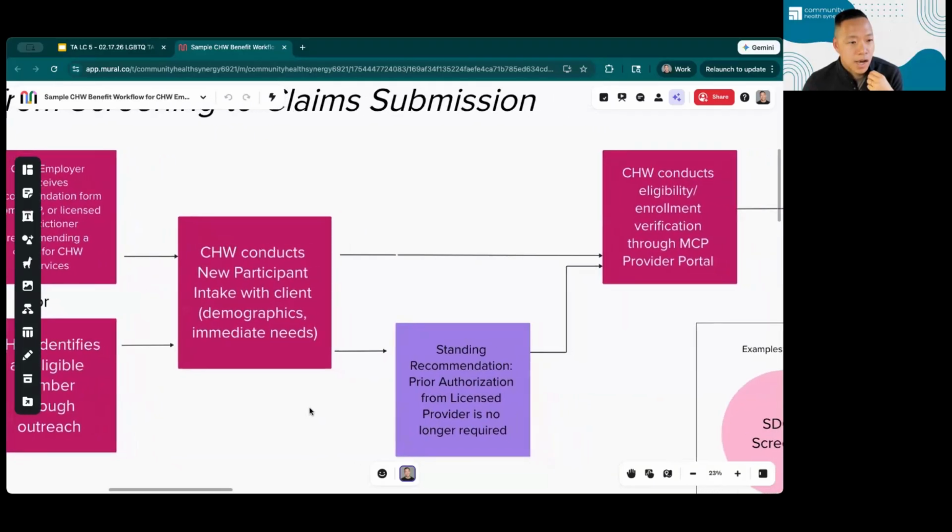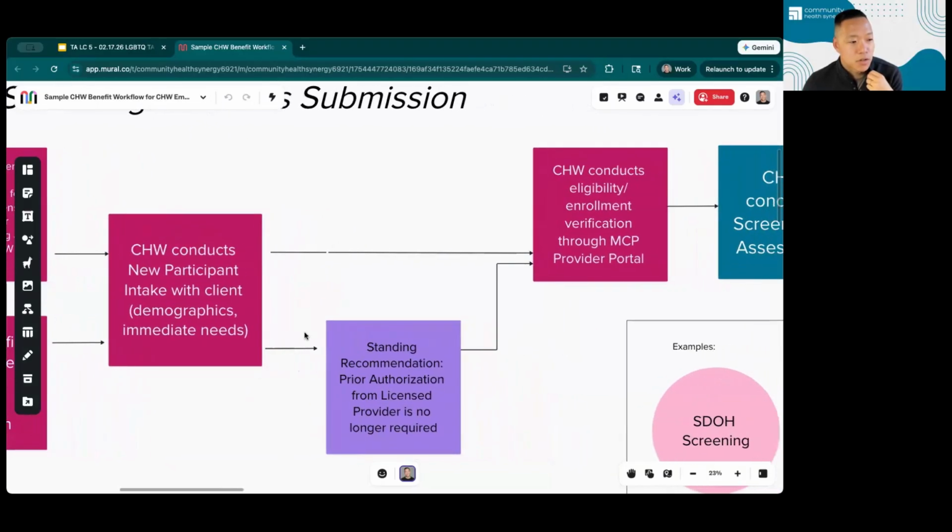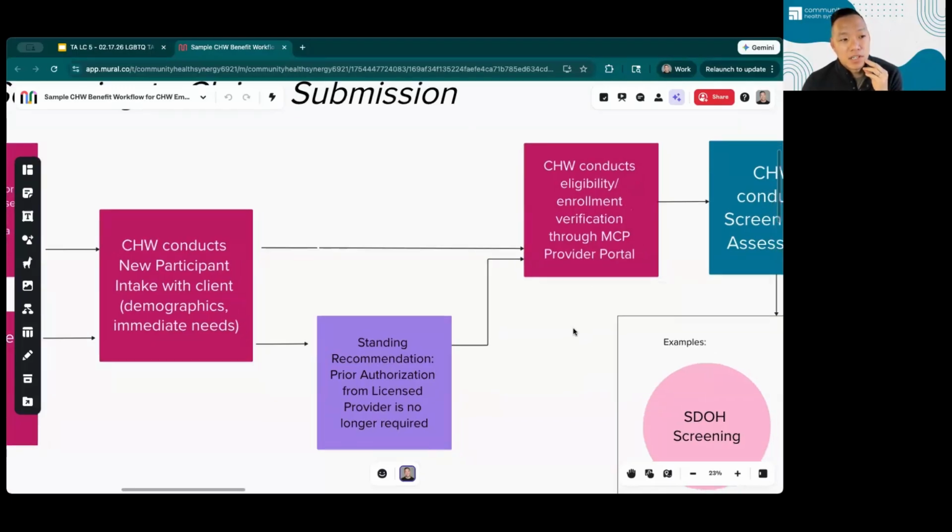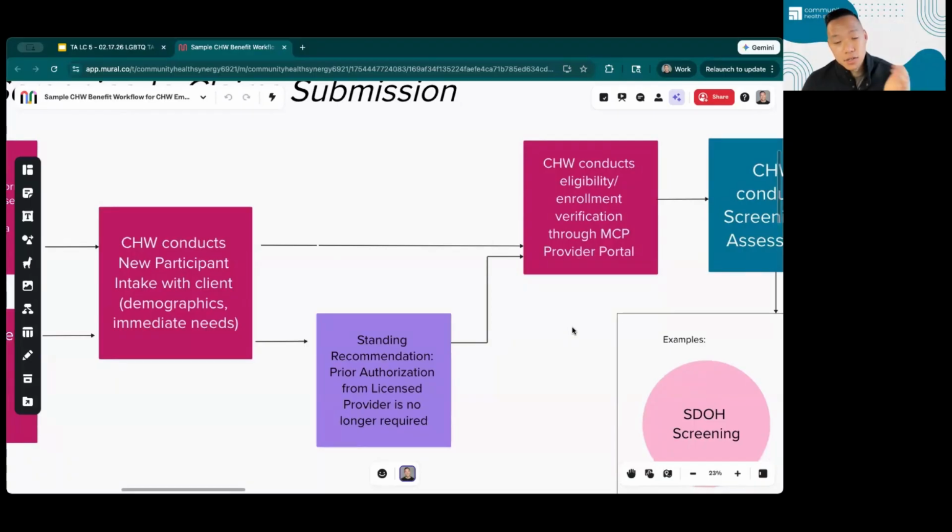And then the CHW would ideally conduct eligibility and enrollment verification, making sure they're a Medi-Cal member of the managed care plan that you're contracting with. If they're not enrolled in Medi-Cal, then that's an opportunity to do eligibility determination and enrollment. You get paid for that.